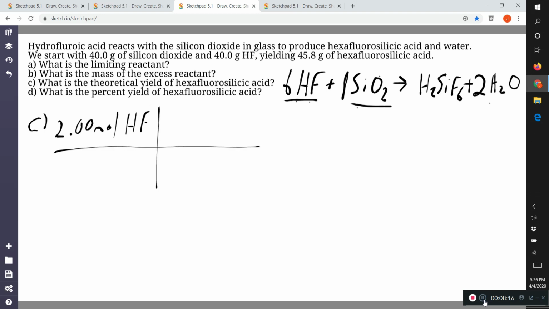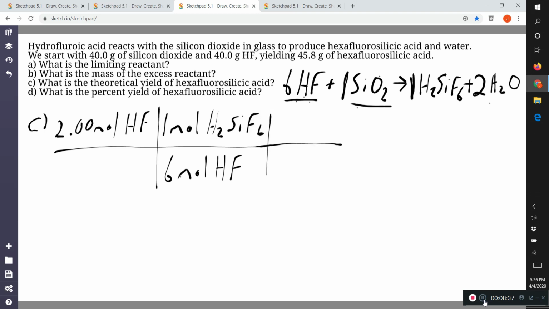According to the coefficients, 6 moles of hydrofluoric acid are going to transform into 1 mole of that acid, H2SiF6.